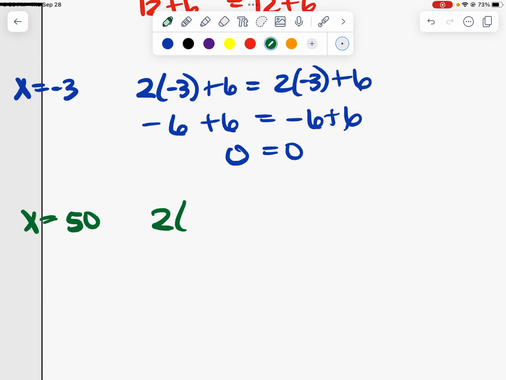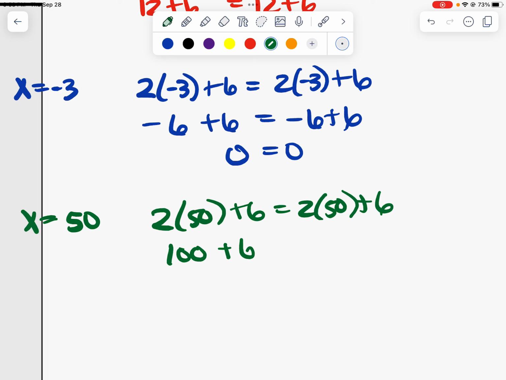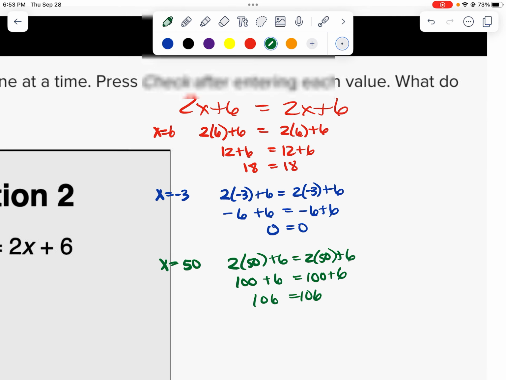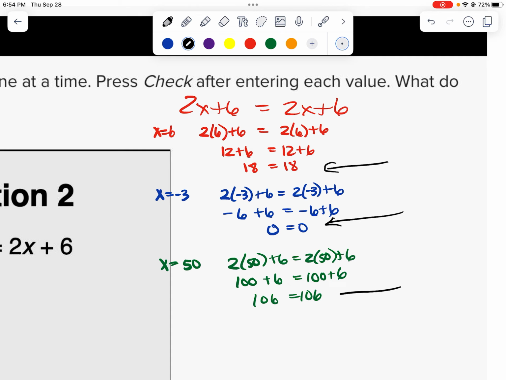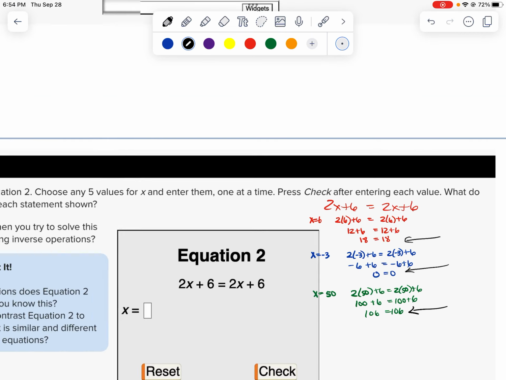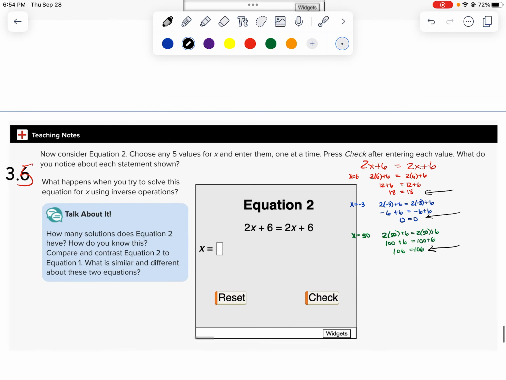So 2 times 50 plus 6 equals 2 times 50 plus 6. 100 plus 6 equals 100 plus 6. 106 equals 106. Okay, I'm just going to do 3 of them. But do you notice that every single time these answers are solutions? Each time they're a solution.